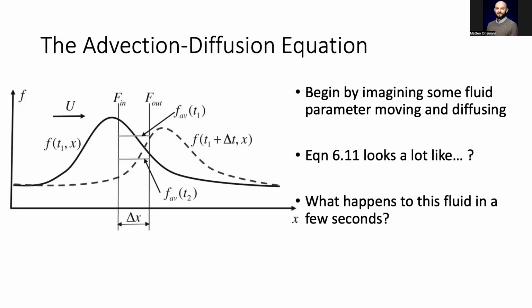So we can now add these into here. And we get something really beautiful. We get df/dt plus u, now this is the flow, df/dx is equal to D, partial squared f over partial x squared. Okay.